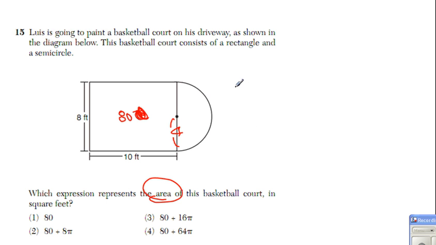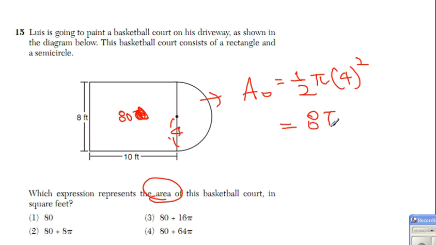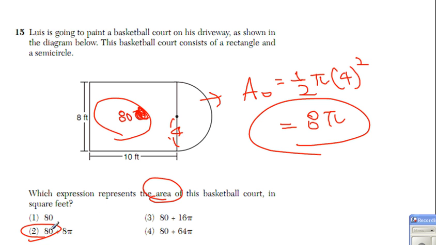To find the area of half of a circle, it's simply 1/2 pi r squared, where r here becomes 4. So 4 squared, that becomes 8 pi. Now 80 plus 8 pi, which is choice number 2.